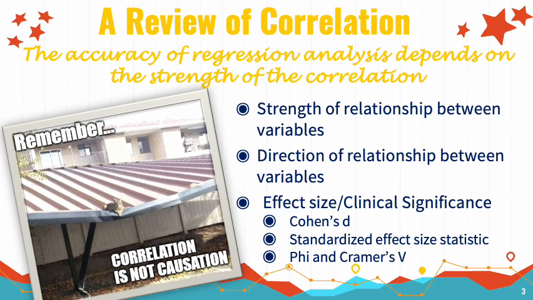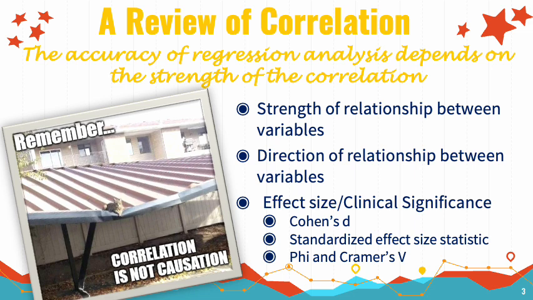You were initially introduced to two measures of effect size, Pearson's R and Cohen's D. We continued to integrate correlation as a measure of effect size throughout the other lectures of this series. When we looked at parametric tests to compare groups, we applied the measure of Cohen's D. When we looked at non-parametric tests to compare groups, we discussed the standardized effect size statistic.